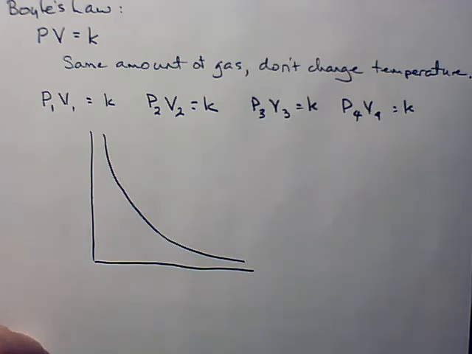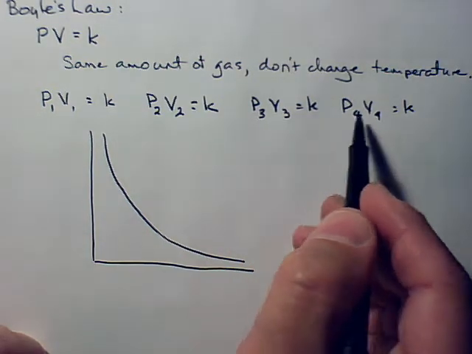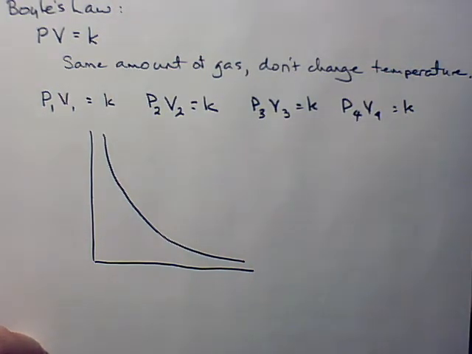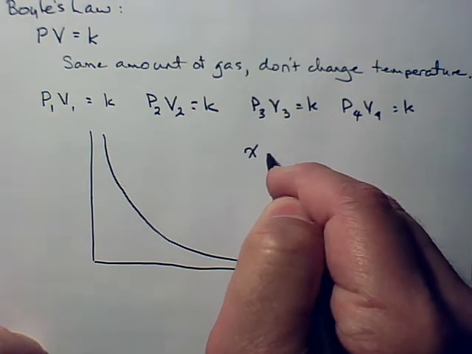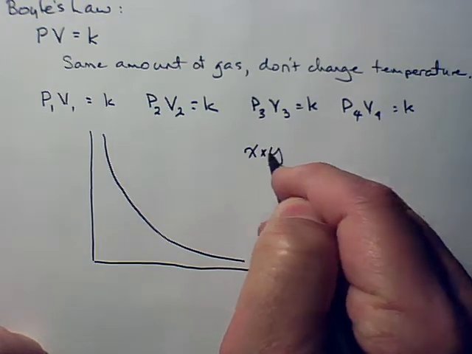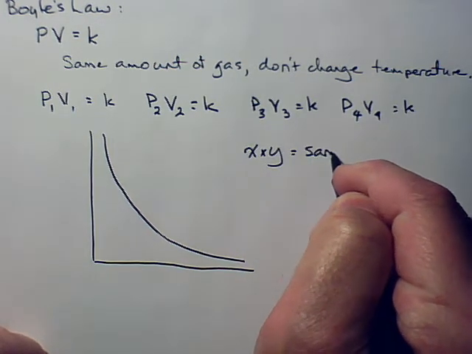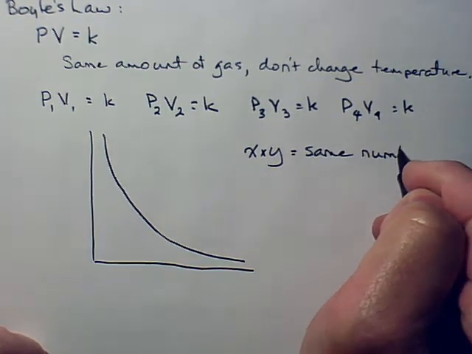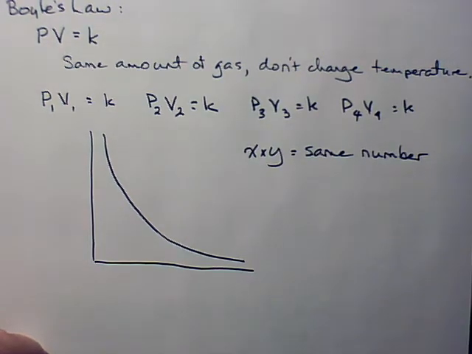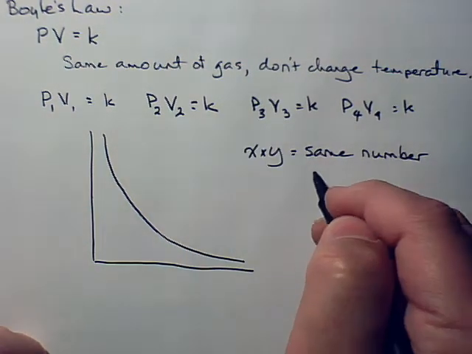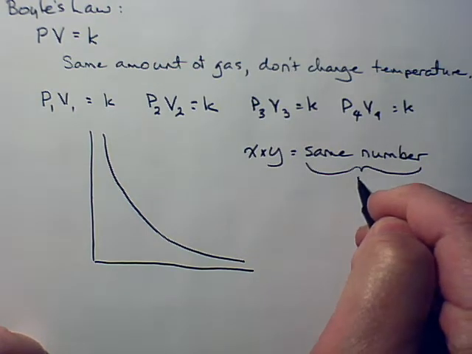That was the pre-lab quiz we did yesterday, where you were supposed to identify a direct relationship and an inverse relationship. This kind of relationship is called an inverse relationship. A constant is the same number that you get all the time. It's like you take x and multiply it times y, and you always get the same number every time.